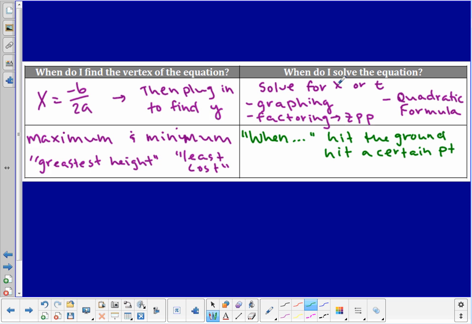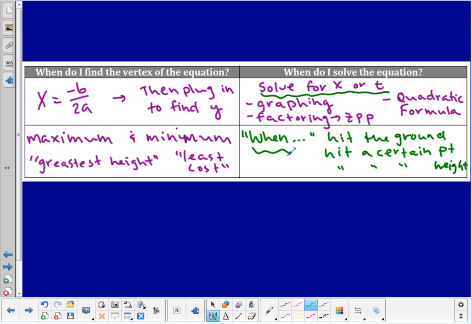Because when we solve a quadratic, we're solving for x or t. x and t are usually representing time. So unless it says something like find the values of x, it might say when, or find the number of seconds, that's that independent variable. The independent variable is the x or the t. So we're looking for when it hits the ground, or when it hits a certain point, hits a certain height.